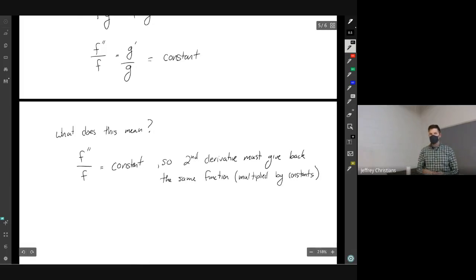If we have a function f and take the derivative twice, it has to give back the exact same function with maybe some extra constants out in front of it.